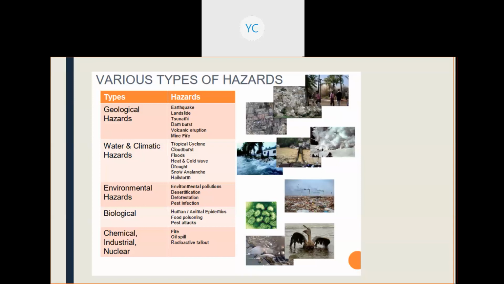Coastal floods do occur even without these cyclones. Sometimes during high tide, because of the wave action, the water comes and hits the coastal areas, and then you have floods. Another kind of flood may be because of an earthquake in the oceanic floor.